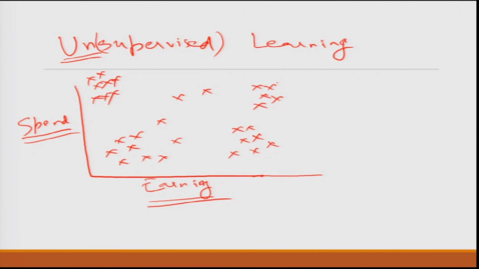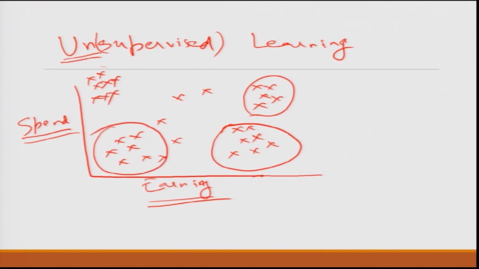Just by looking at this data intuitively on a two-dimensional graph, you can sense that this seems to be one category of people, this another, and these are another category, and these are maybe people in the middle, the averages, not falling into any specific category. Or you may want to extend this and include these here and make this a category. But at least 4 of the categories are very obvious.